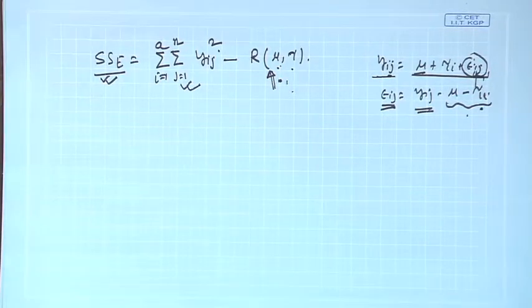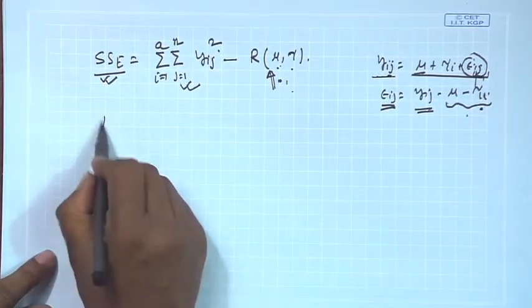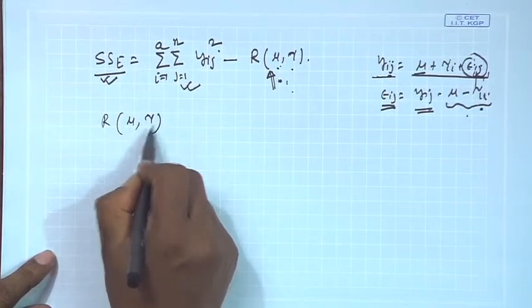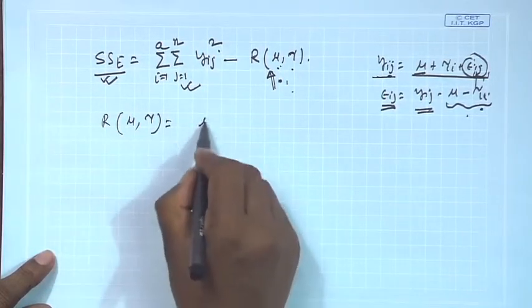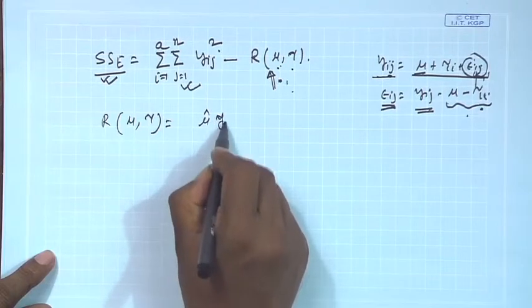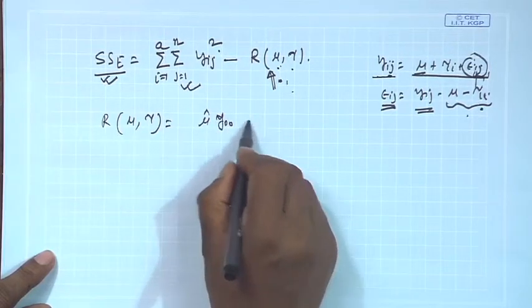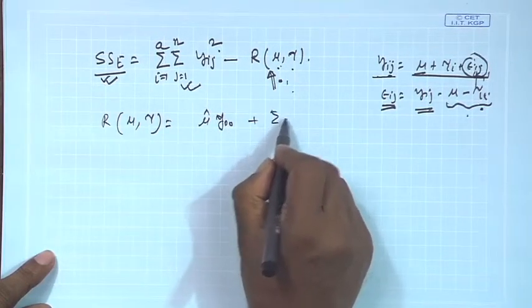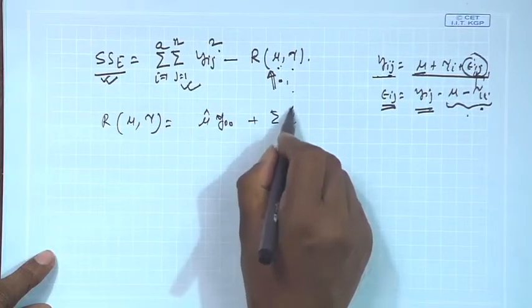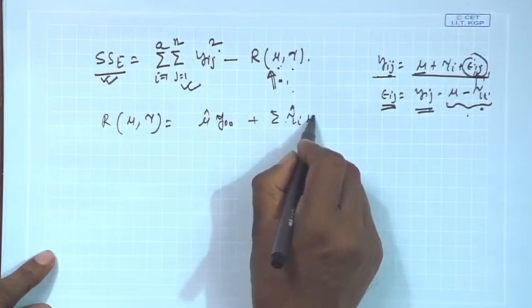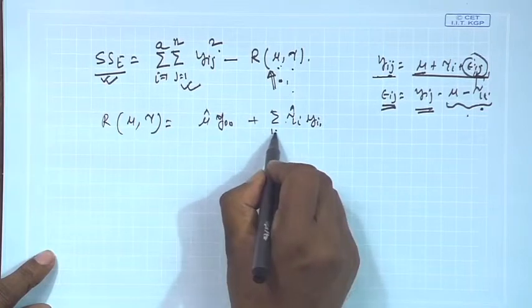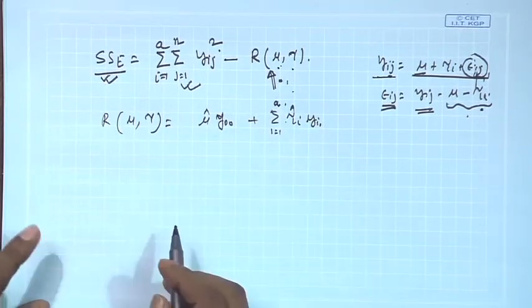Now, what about this R(mu, tau)? We said that it is mu cap y double dot plus the sum of tau i cap y i dot, i equal to 1 to a.